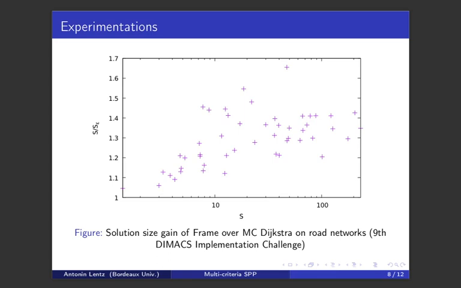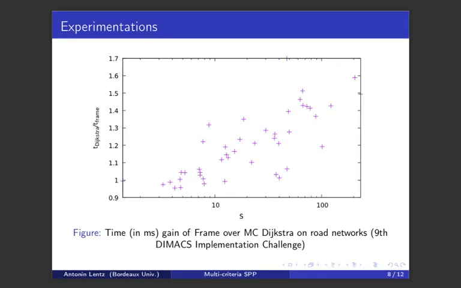As you can observe, when S, so the Pareto set size, is increasing, it seems that the gain of the FRAME algorithm is increasing also. So here the gain is the size of the Pareto set divided by the size of our output. And it's even more clear with time here. The gain on time is increasing while the Pareto set size is increasing also.